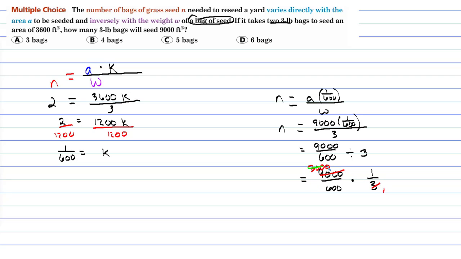Then reduce again, 3,000 over 600. And that will go into there 5 times, and the 1's here. So that leaves us with N is equal to 5. And what 5 was is 5 bags of seed.